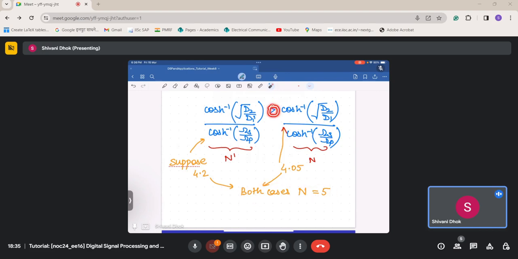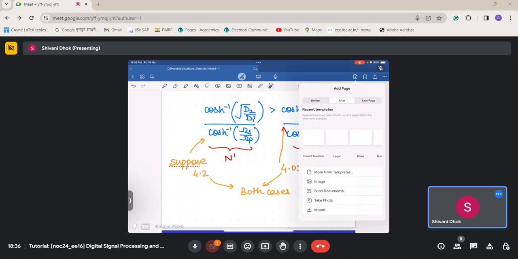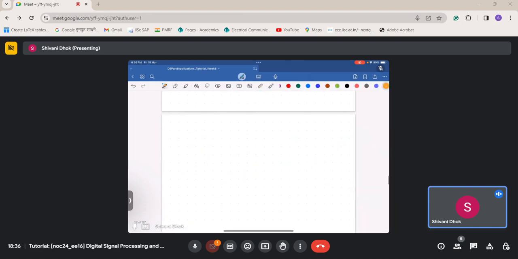So I can safely replace this inequality with a greater than or equal to sign if I apply a ceiling function.